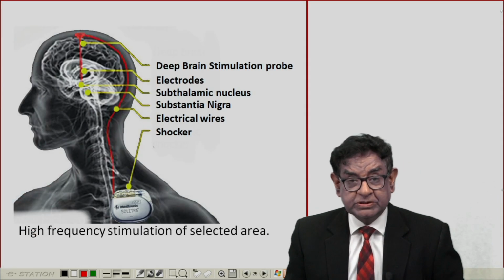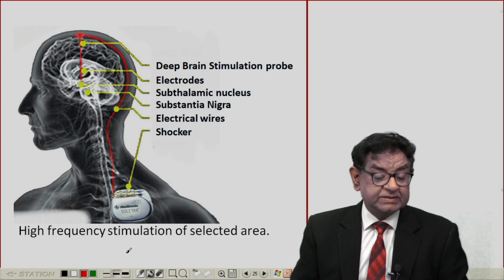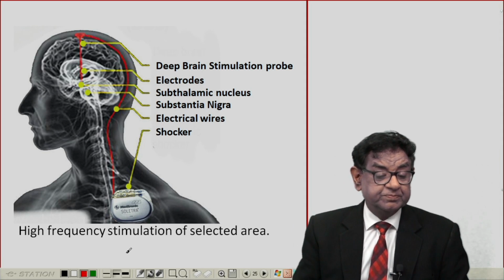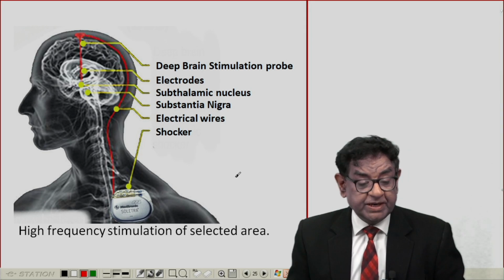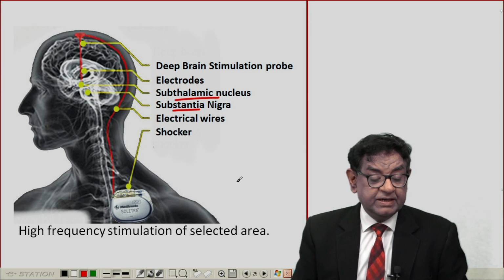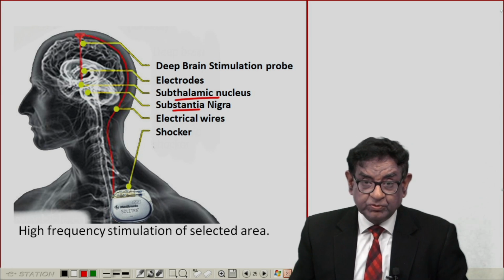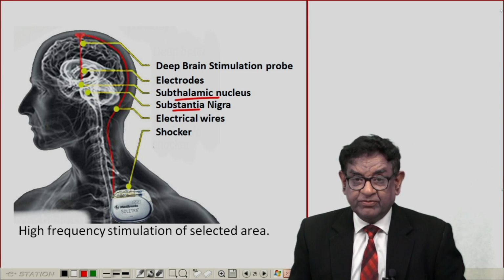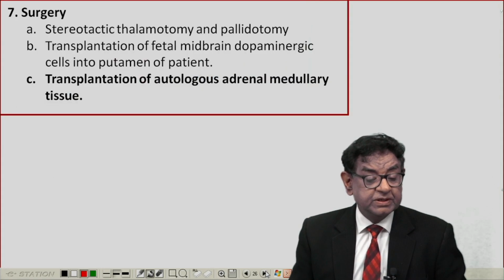Now the most talked-about treatment nowadays is deep brain stimulation. What they do is stimulate with high frequency the subthalamic nucleus and substantia nigra, and that improves the outcome of Parkinson's disease.